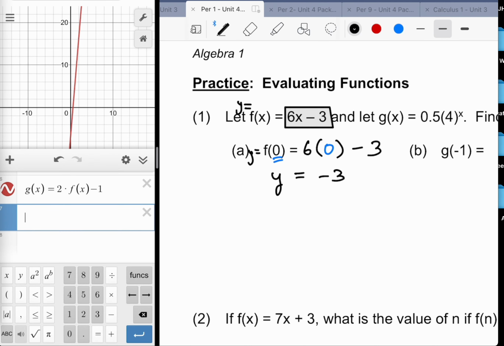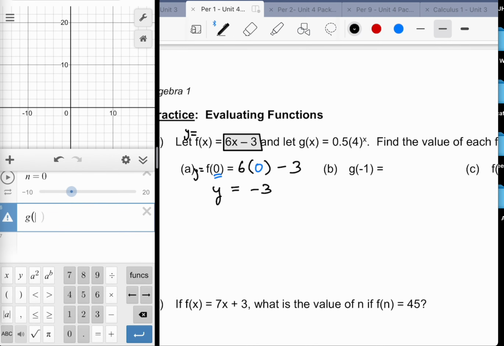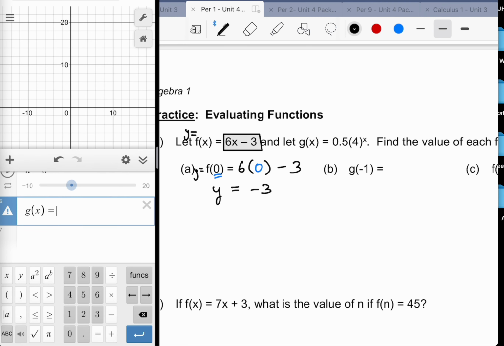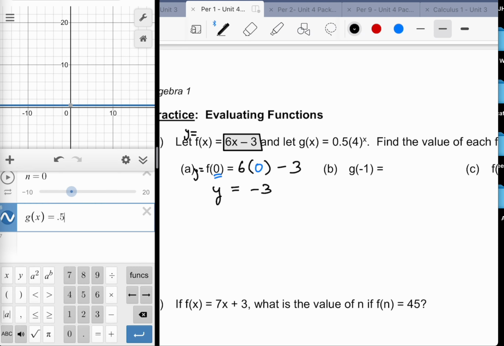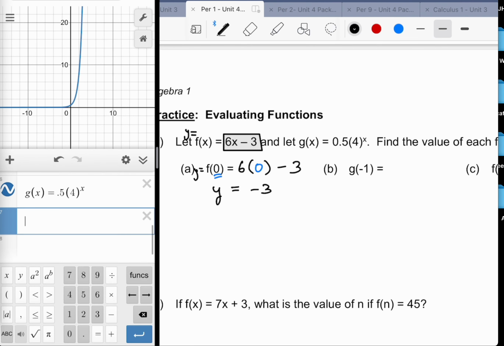Now, the next one has a g of x. So I could just pop that in here. So 0.5 times 4 to the x power. And this is happening at the value of negative 1. But if we're doing it by hand, same deal as before, 0.5 times 4, but now it's raised to the negative first power.